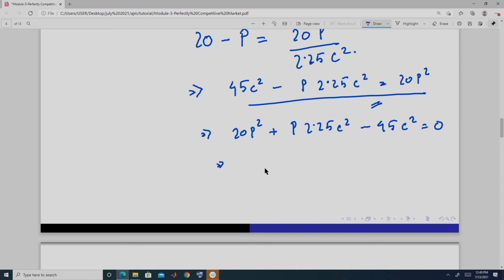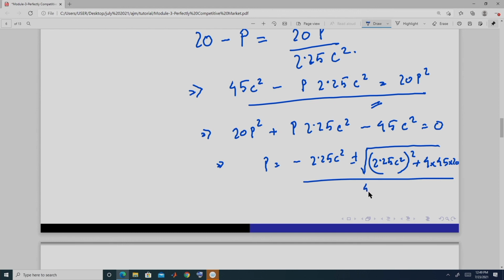So, this term is going to be definitely greater than this. So, we will get a positive price.